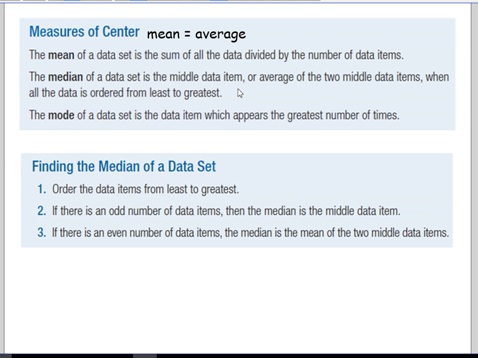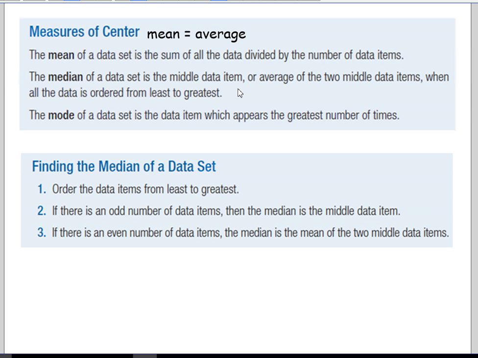If you have an even number of data items, you'll need 2 in the middle. So, for example, if you have 10, you would have 5 on one side and 5 on the other. So what's in between those 2, or the average of the middle 2, adding them up and dividing by 2, will give you that median number. Sometimes the number is part of your data set, sometimes it is not.